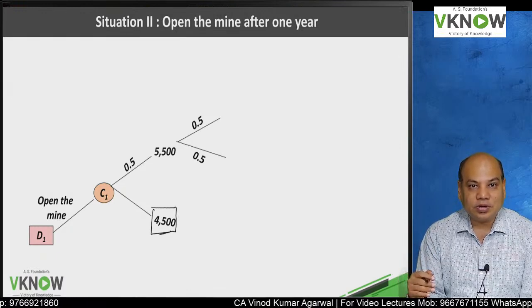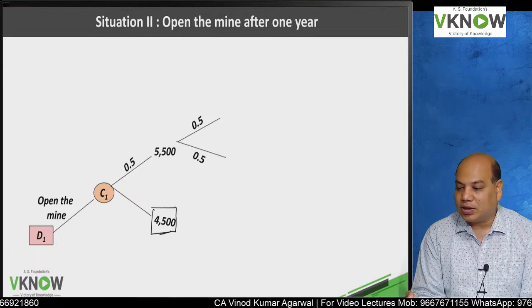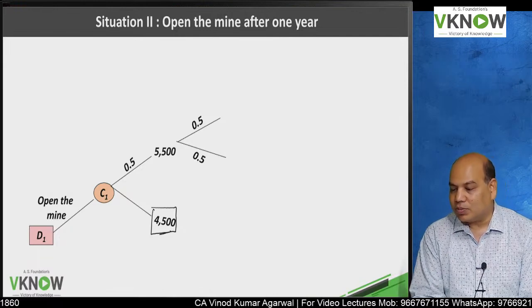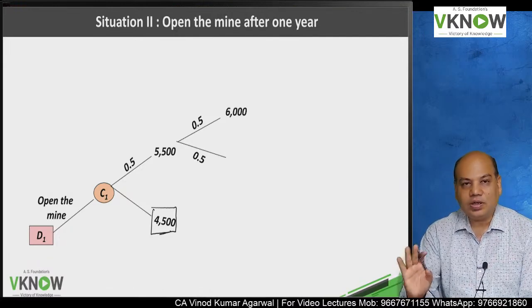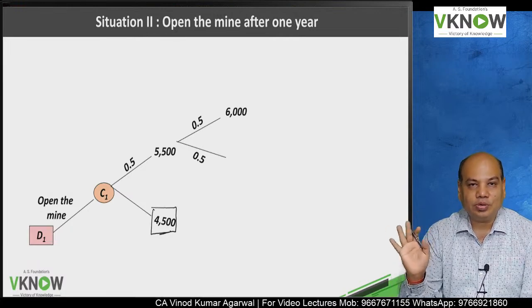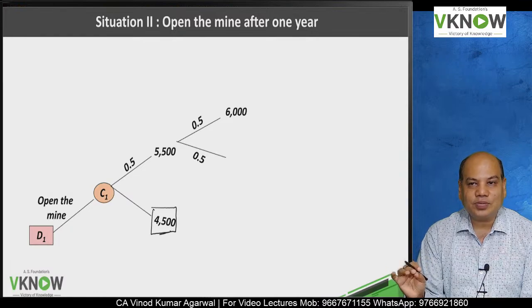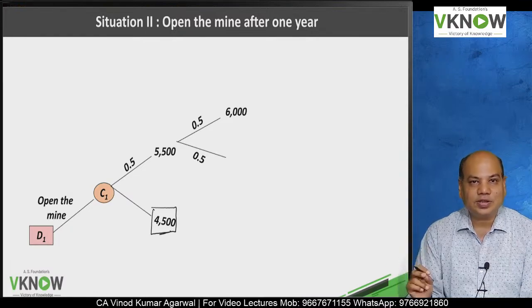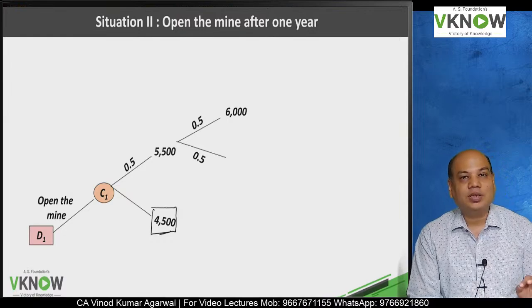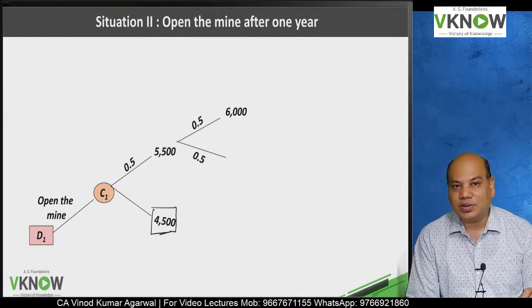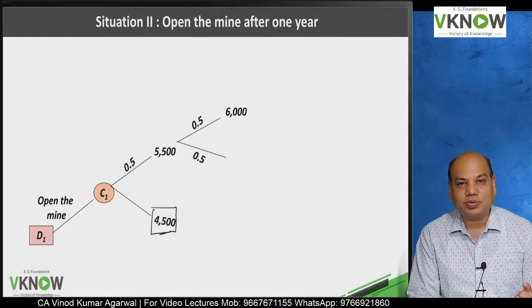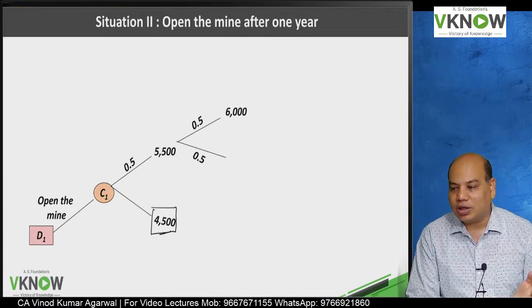My extraction cost is more than the expected price, so I will just stop here. I will decide not to open the mine, no calculation required. A man on the street can also say, if my cost of extraction is 4,600 and my expected price is 4,500, it's a loss-making proposal, so let us not open the mine.